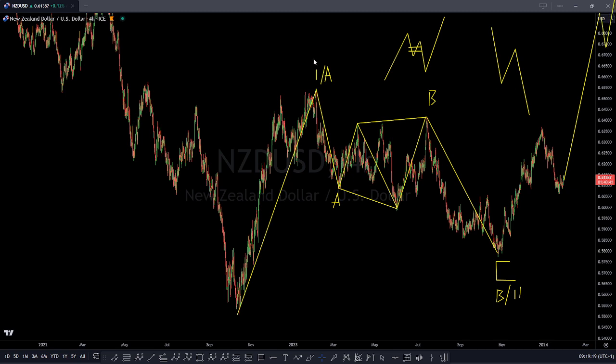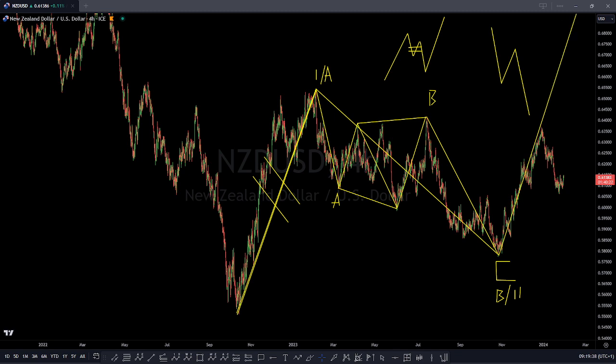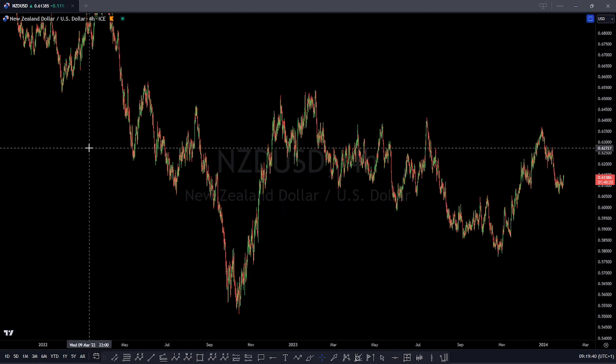But if it's going to be an ABC structure, you are going to see a move related to this one. So all along, what we have been looking for is this to complete a three-wave move structure, with this being your A, your B, and then this being your wave C. That's what we have been looking at.